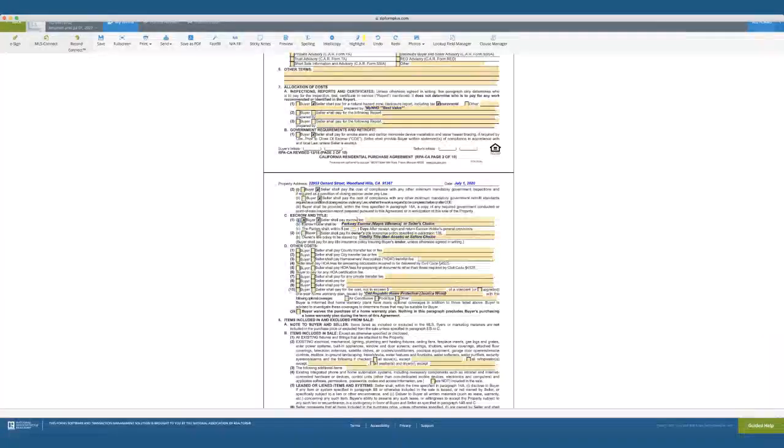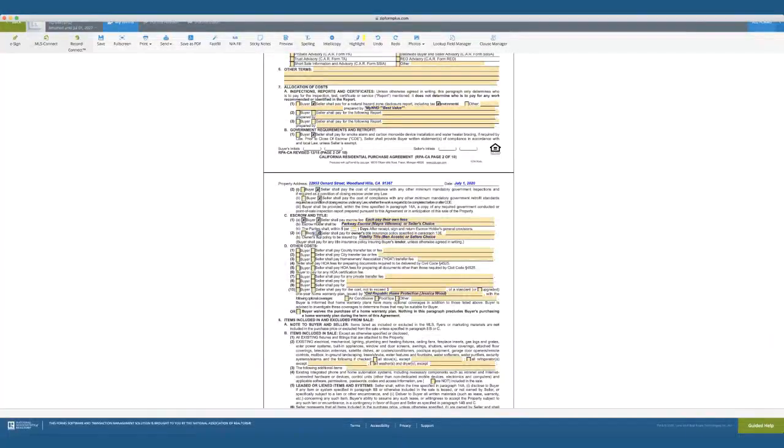Escrow and title, you're going to check them both. Why? Because there are fees that belong to the buyer and there are fees that belong to the seller. So each is going to pay their own fees. Do not put 50-50. They're never 50-50. There's always somebody paying more. So you want the buyer to pay for their fees and the seller to pay for theirs.